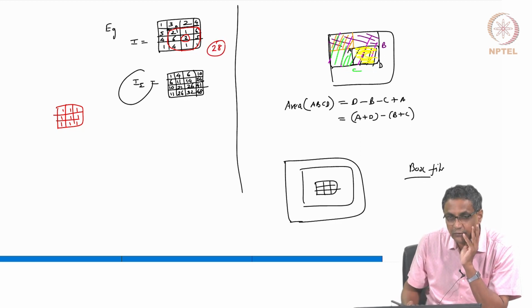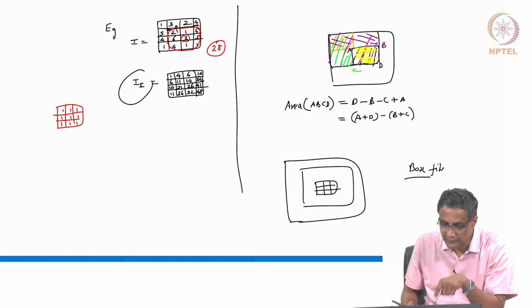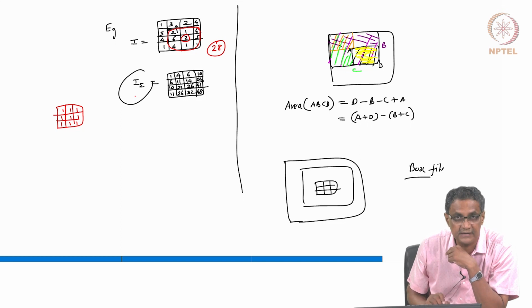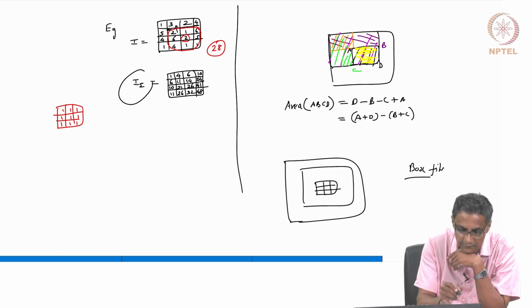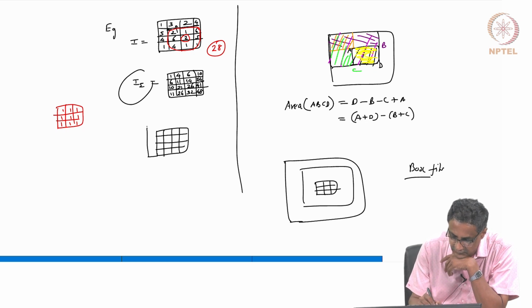Now, I want to show that you can do precisely that from this I sigma image. The adopted convention is this: in order to be able to move wherever you want, you append one more row and column and put them as zeros.